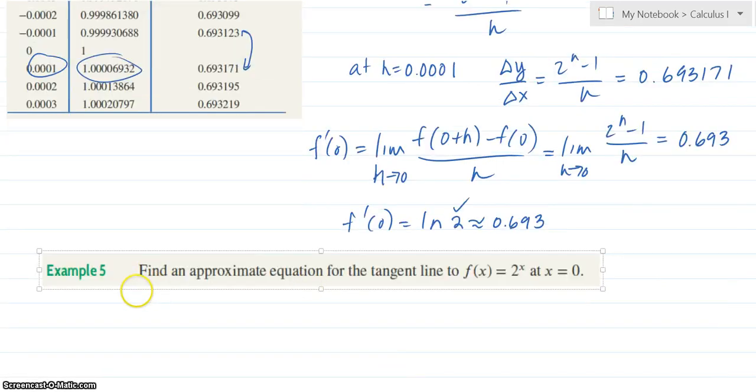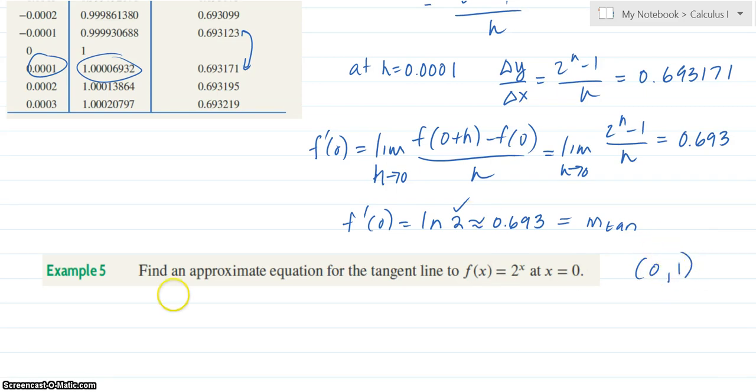So now we can do example 5, which is: find the approximate equation for the tangent line to f of x equals 2 to the x, which is the same as above, at x equals 0, because we also know that this is the slope of the tangent, and that's what we want. And we had the point, if you remember above, if you plug in 0, we know 1.